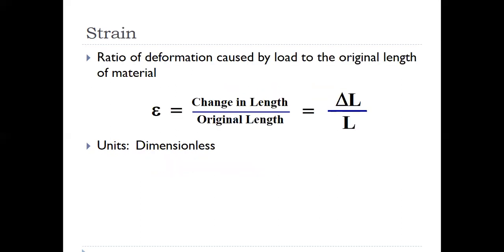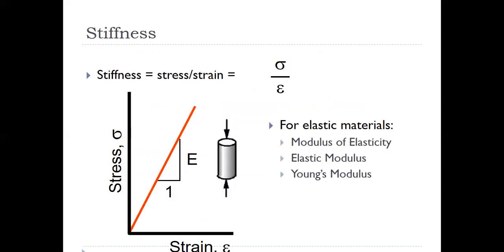When we talk about strain, it is the change in length per unit length, and it's a dimensionless entity. Another word you will use is the stiffness, or we call a Young modulus.